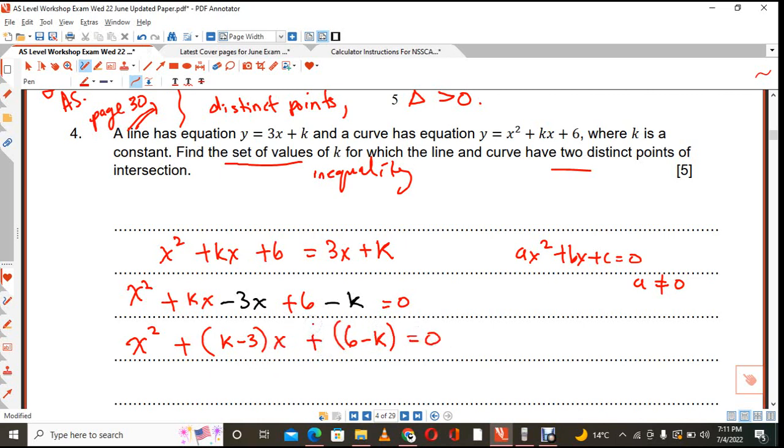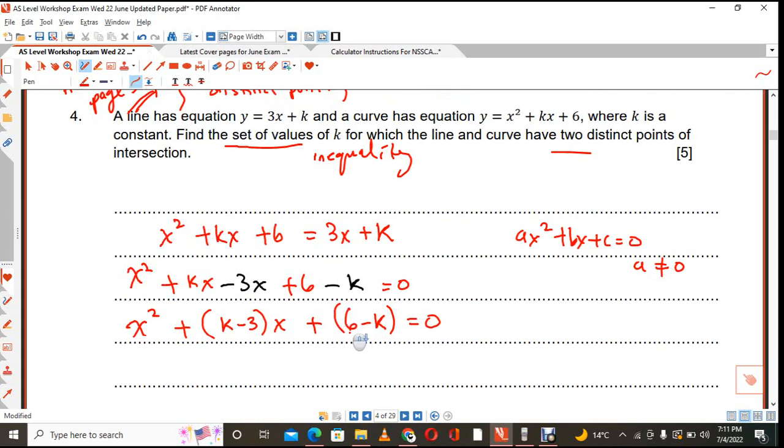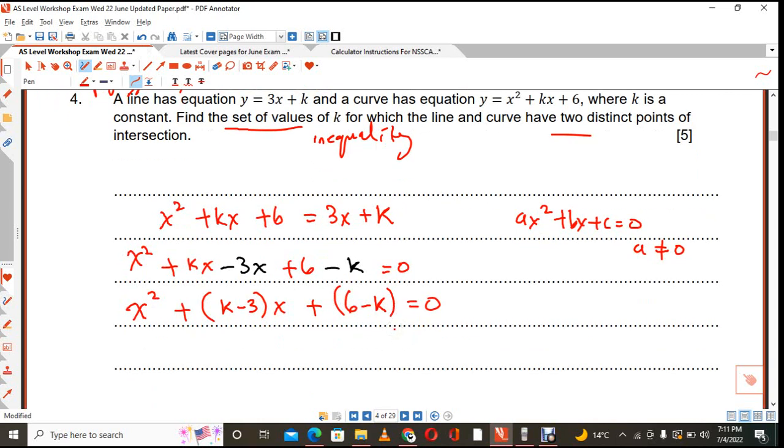It's important that I do that so I can identify my values for a, b and c, because remember the discriminant is b squared minus 4ac. Are we okay so far? So that means I would have b, which is k minus 3, all squared, minus 4 times the value of a, times the value of c, c being 6 minus k, and this is greater than 0.